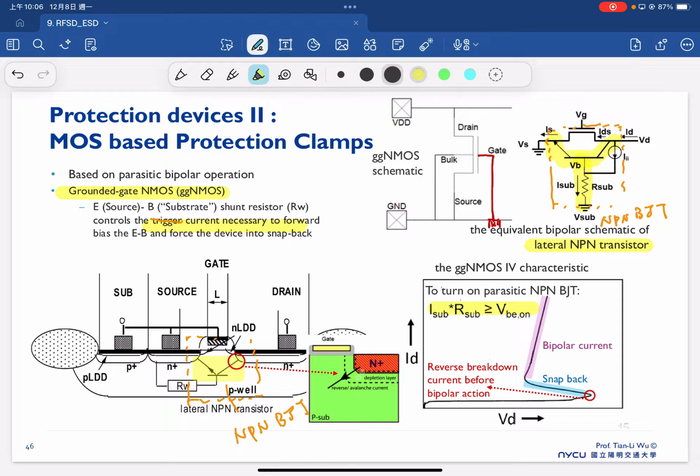Because we need this trigger current to forward bias the EB and force the device into the snapback condition, and therefore a very high current goes through this GGMOS, and we can use this advantage to avoid the high current going through our main device.